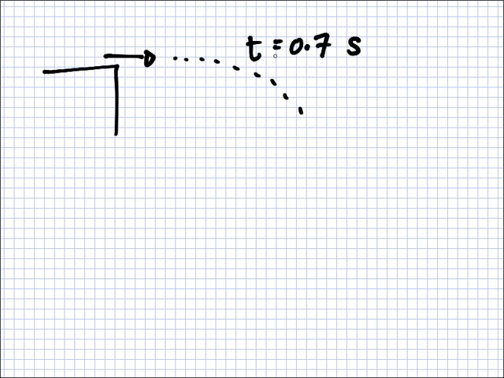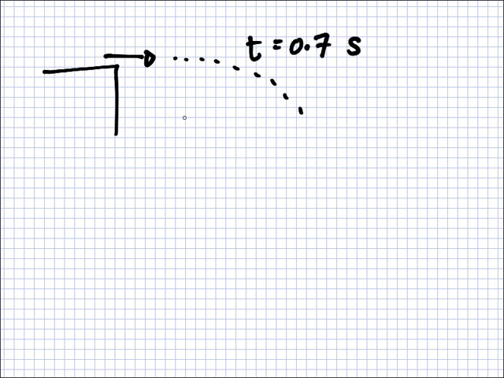Let's have a look. Gail, do you mind handing me the question? I can do it. Thank you. So let's look at number 1 here. A projectile is launched horizontally, so it goes this way, and it travels for 0.7 seconds.